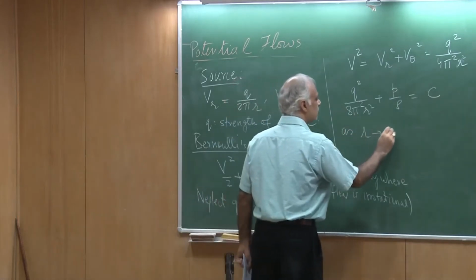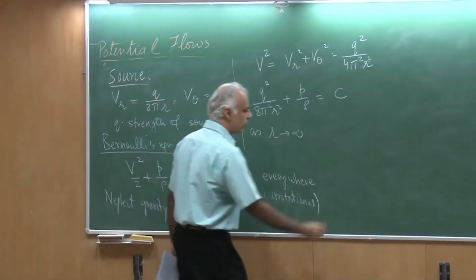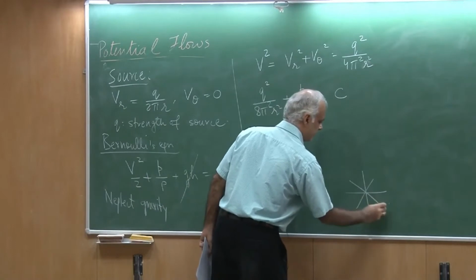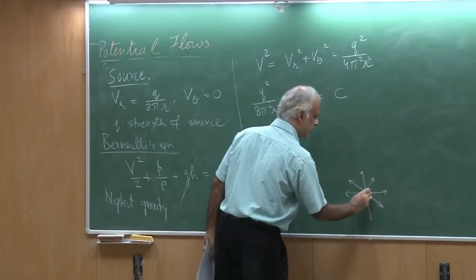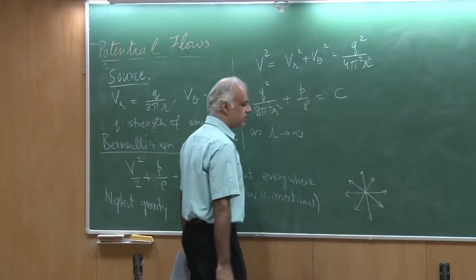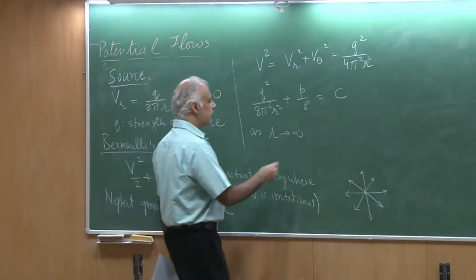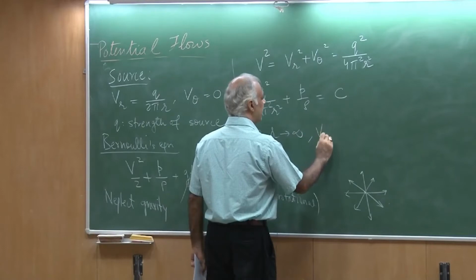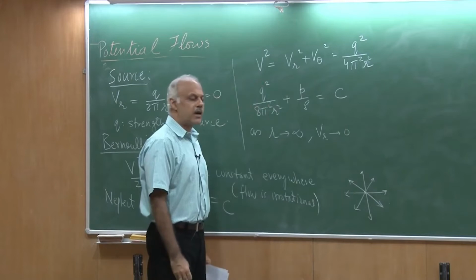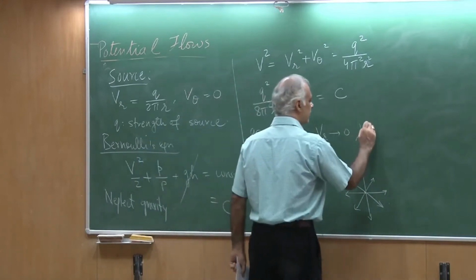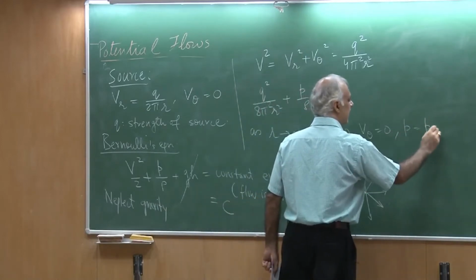As r goes to infinity, so I am interested in this flow. This is the source, this is the origin, r equal to 0, and if I go far away from the origin, then of course I can see that V_r tends to 0. Okay, my speed is varying as Q by r. V theta is already 0, and my P goes to atmospheric pressure.